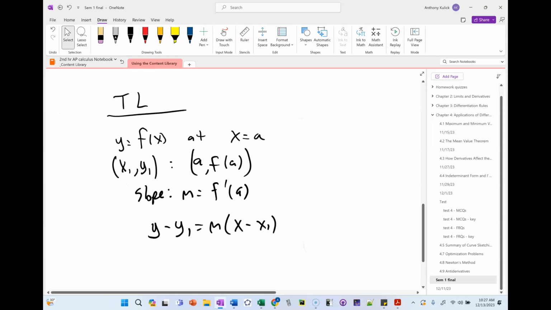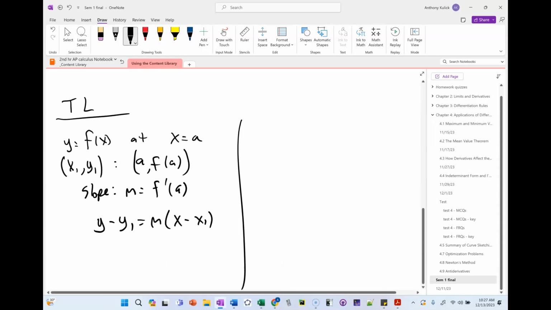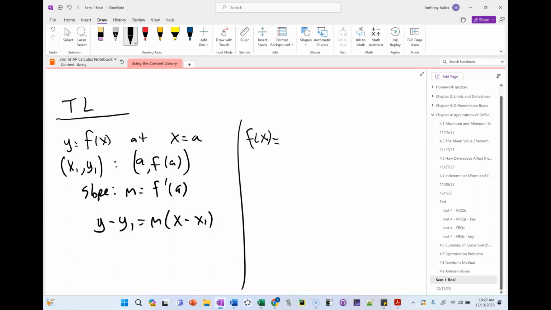So if my f of x is x squared minus 4 at x equals 1, the point that I need is going to be 1 comma and then 1 squared minus 4.